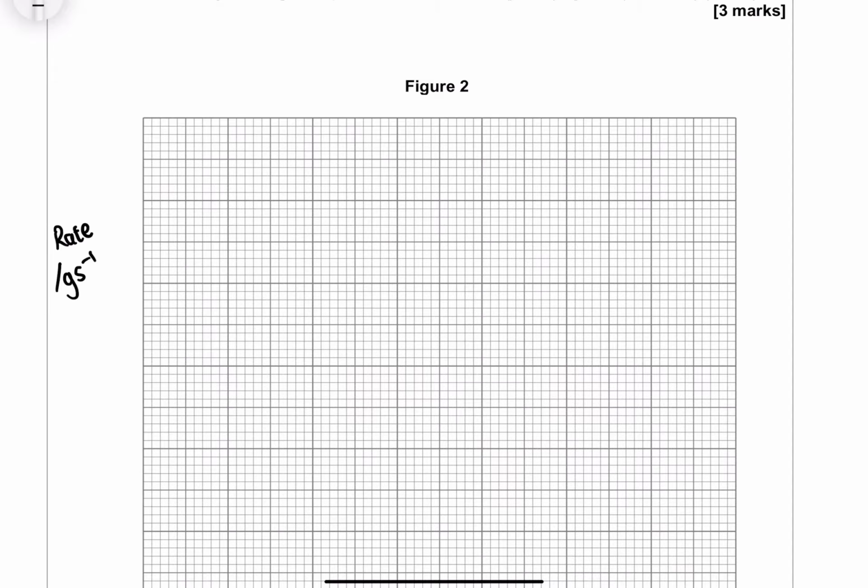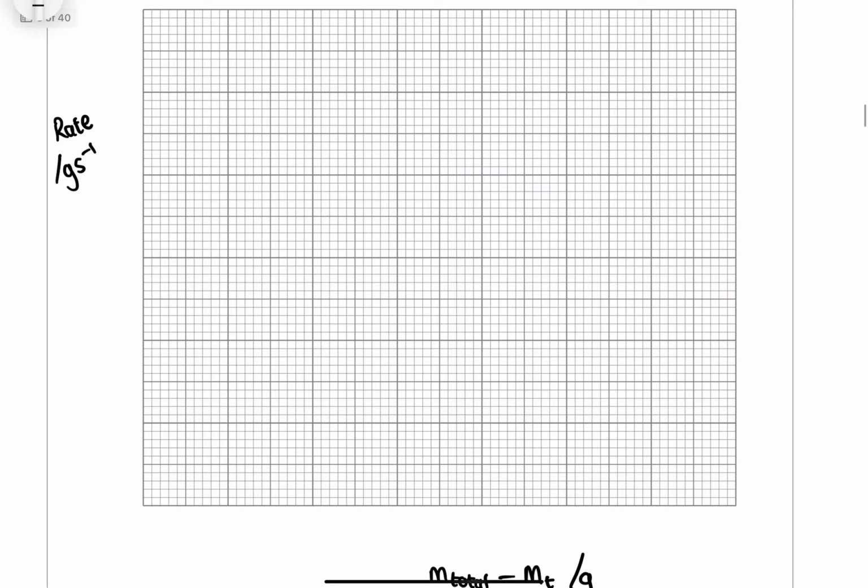Looking at the numbers, we need to go up the side to our biggest number, 23, from 6.67 times 10 to the minus 4 to 23. So we need to get up to 23, and we've got 1, 2, 3, 4, 5, 6, 7, 8, 9, 10, 11, 12 big squares.